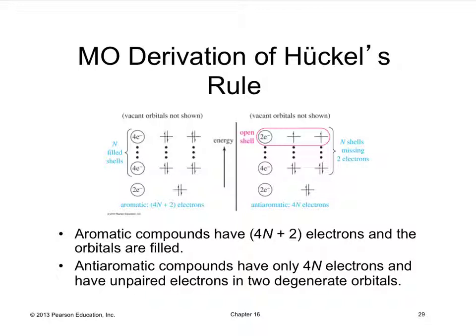In the case of anti-aromatic compounds, which only have 4n electrons, they have unpaired electrons in degenerate orbitals. Shown here at the highest occupied molecular orbital, you're going to have unpaired electrons. As a result, it's going to be highly reactive.